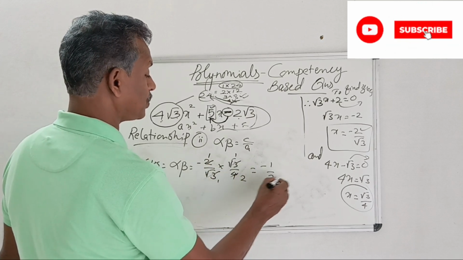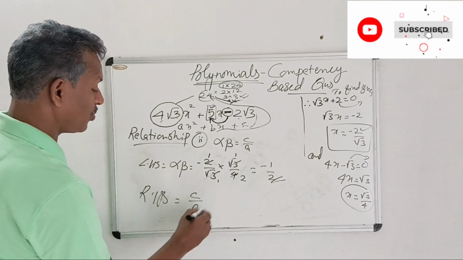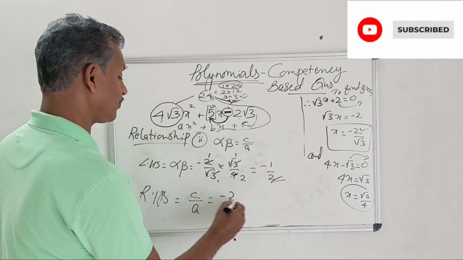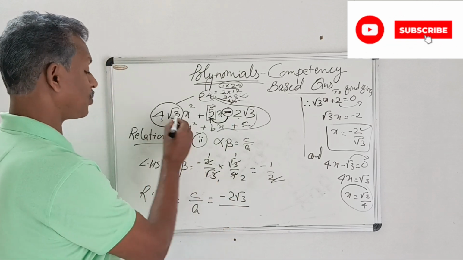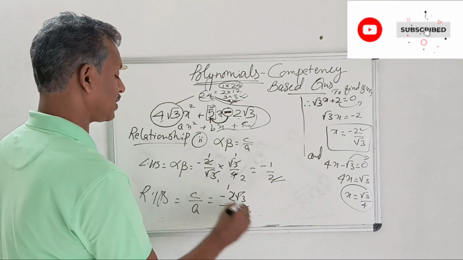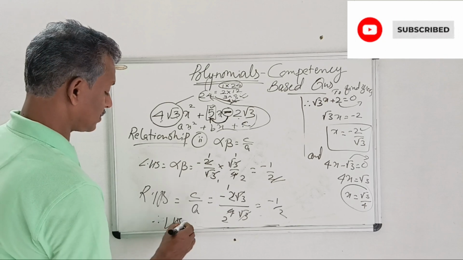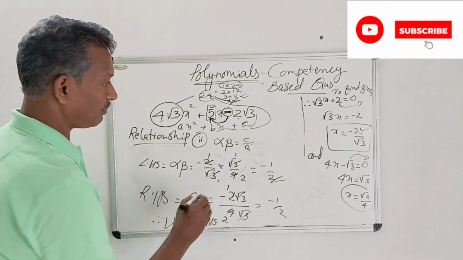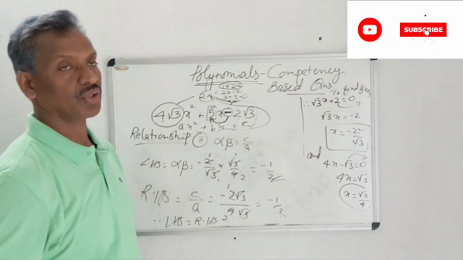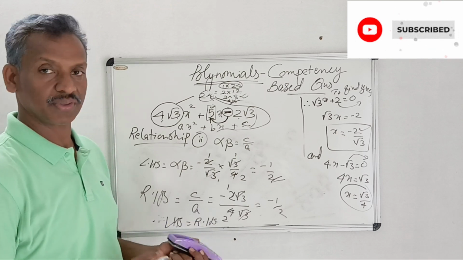So minus 1 by 2. Take the RHS, c by a. C means the constant with sign, c is here minus 2 root 3 and a is 4 root 3. Root 3 gets cancelled, 2 and 4 cancel, 2 and 1 here, minus 1 by 2. Therefore, LHS is equal to RHS. So this is how we verify the relationship between the zeros and the coefficients of the polynomial. Okay, this is a very common question in board exams.